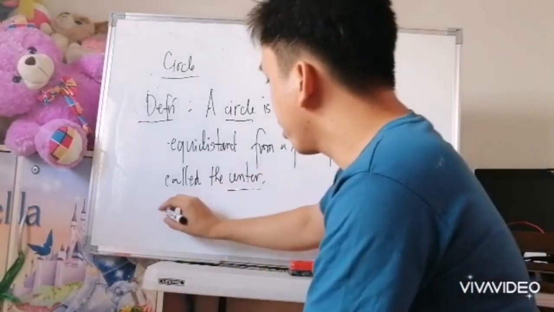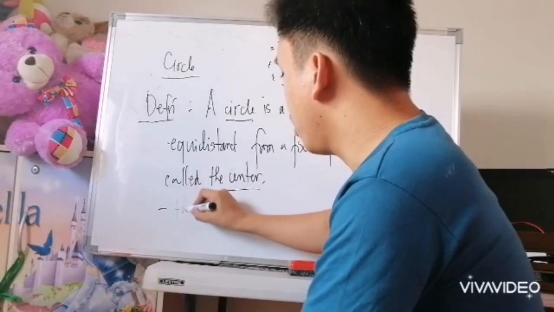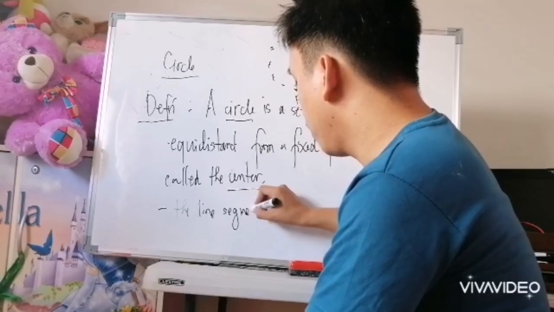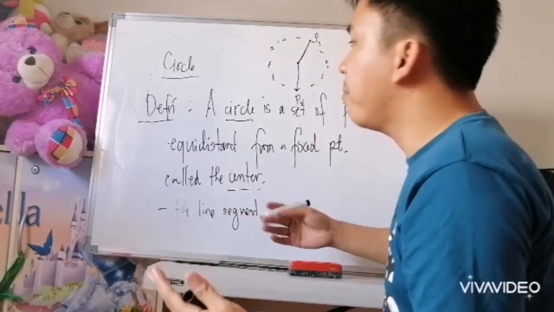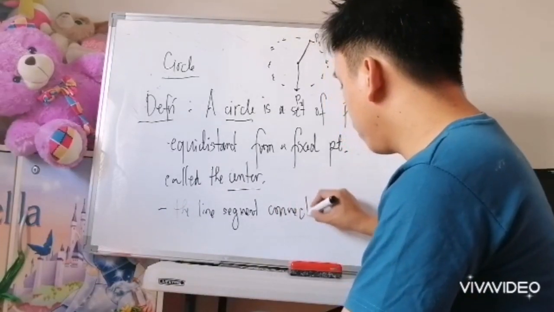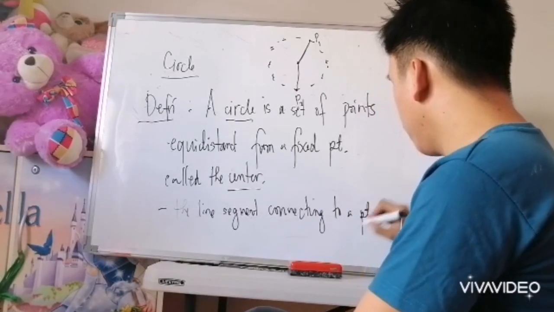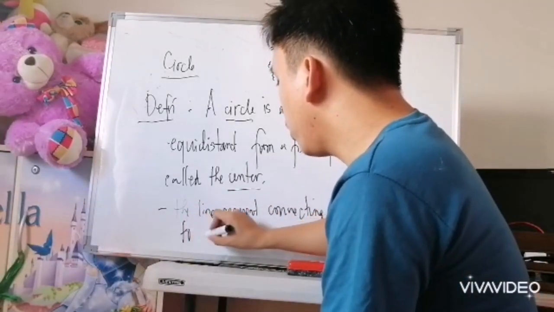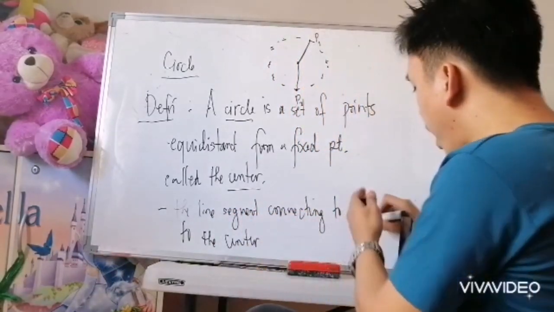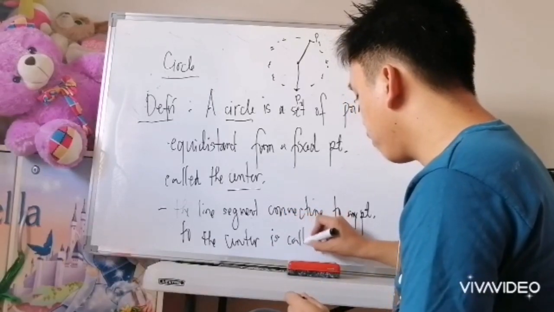An additional definition is that the imaginary line segment connecting a point on the circle to the center is called the radius.